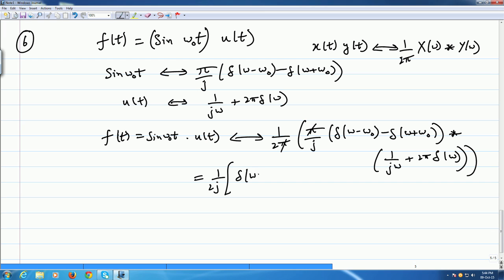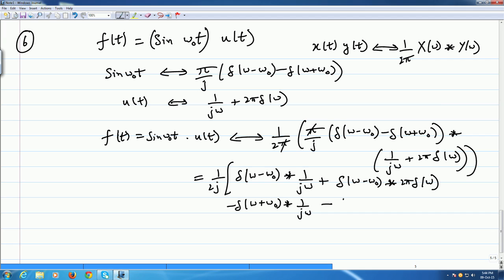Delta of omega minus omega naught convolved with 1 by j omega plus delta of omega minus omega naught convolved with pi delta of omega. Then minus delta of omega plus omega naught convolved with 1 by j omega minus delta of omega plus omega naught convolved with pi delta of omega. Okay, so this is the final form of the answer.